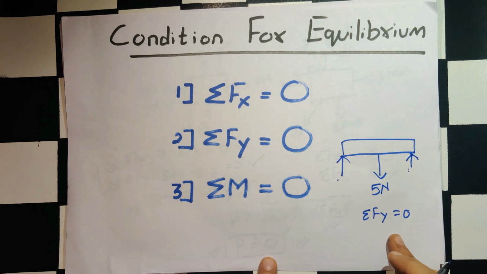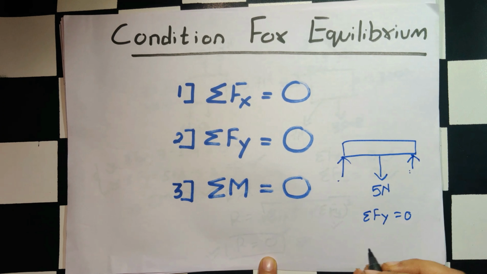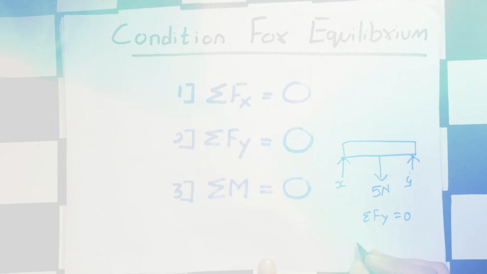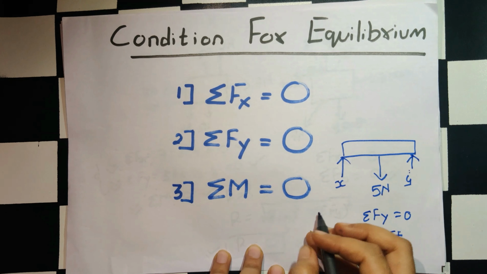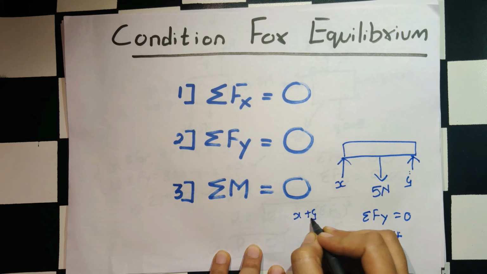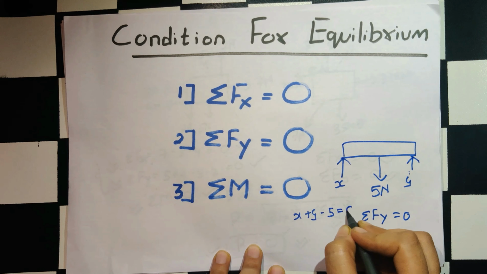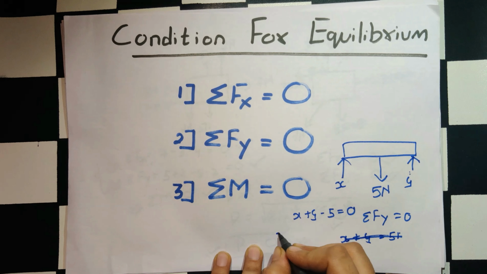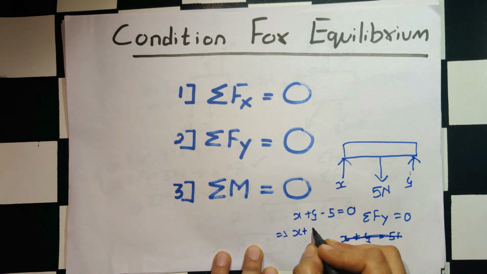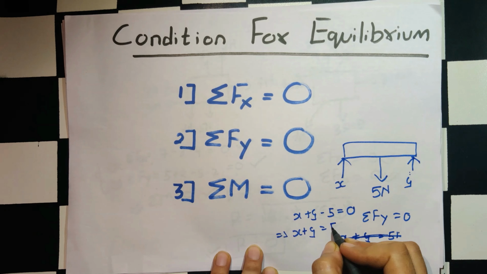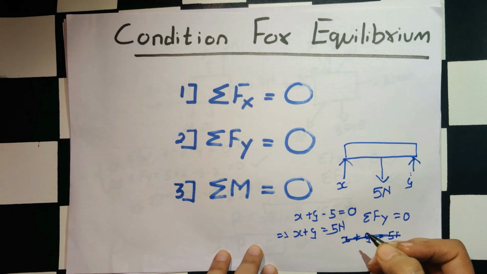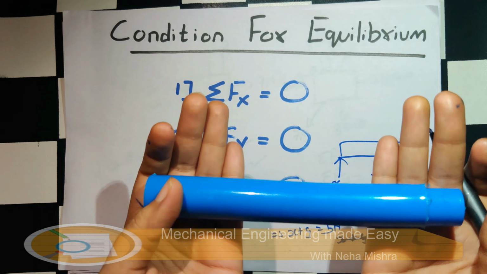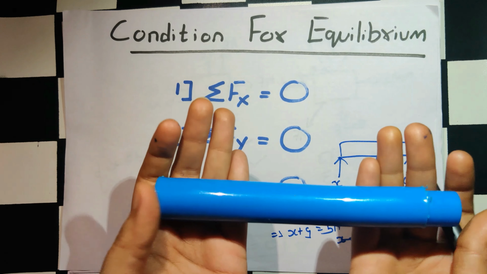Now if you find summation Fy, suppose this is x and this is y. So if we do the summation of this, it will be x plus y minus 5 equal to 0. It has to be 0 for it to be in equilibrium condition. So what we get from here, x plus y has to be 5 Newton. Means what? I have to apply here 5 Newton such that this block is not moving downwards.